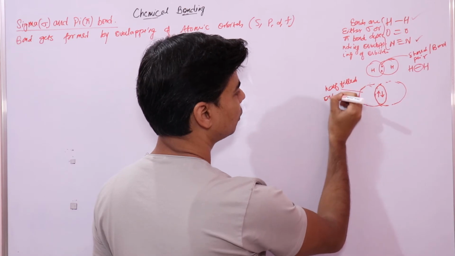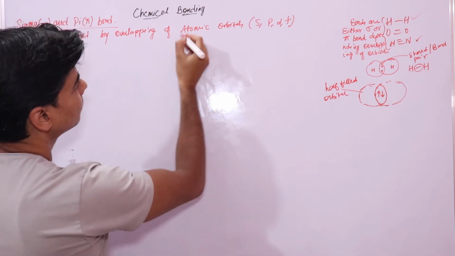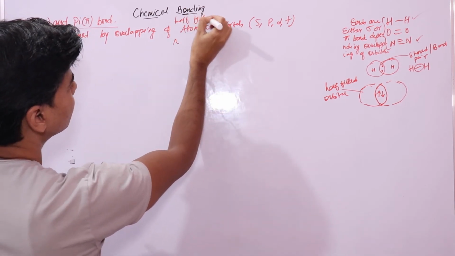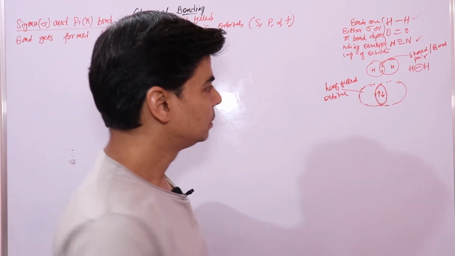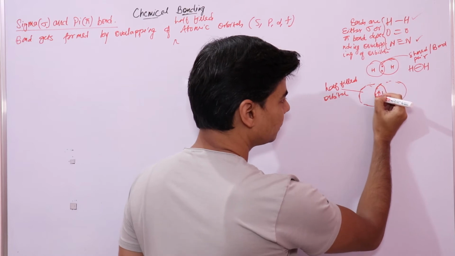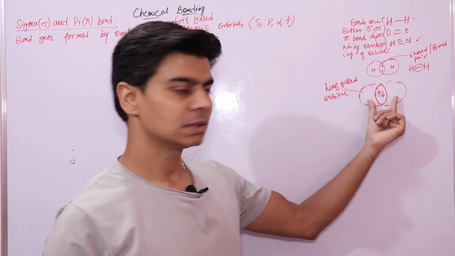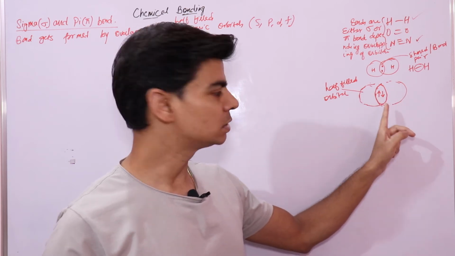So let's write it over here: overlapping of half-filled atomic orbitals. This overlapping region contains the shared pair of electrons.